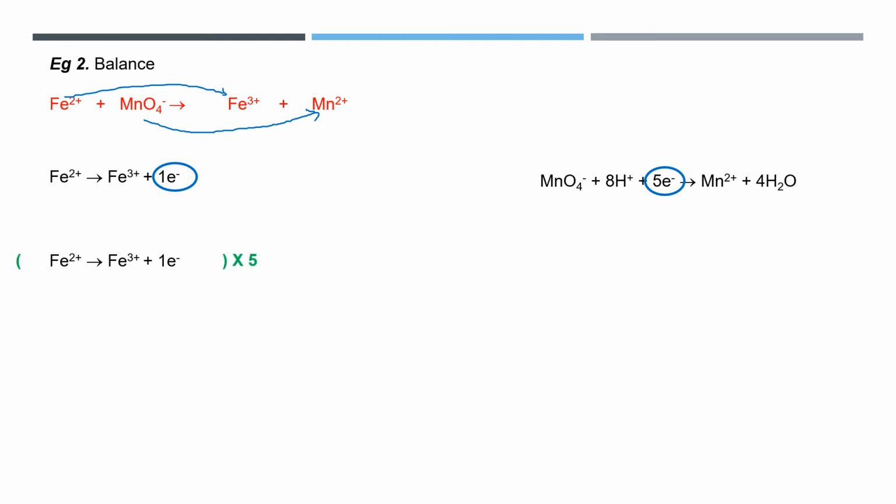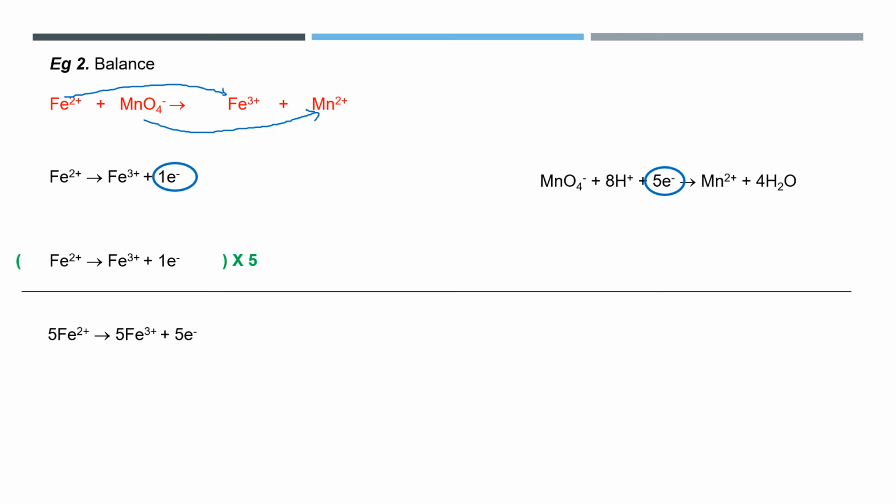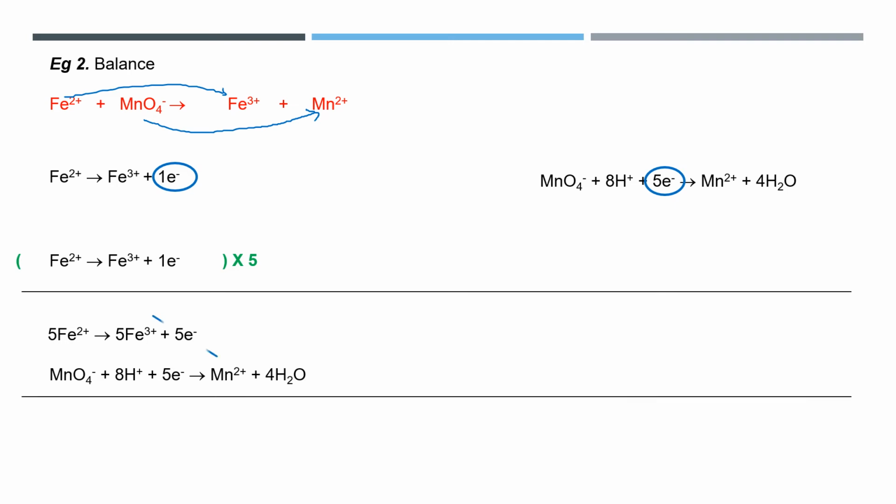So when we do that, we are going to be getting 5 moles of Fe2 plus, giving you 5 moles of Fe3 plus and 5 electrons. Add that to the second equation. Now let's cancel everything that we have common on both sides, and that will be the 5 electrons only.